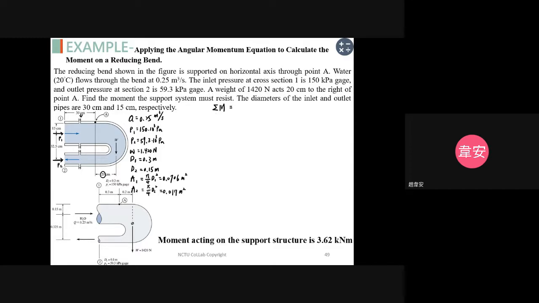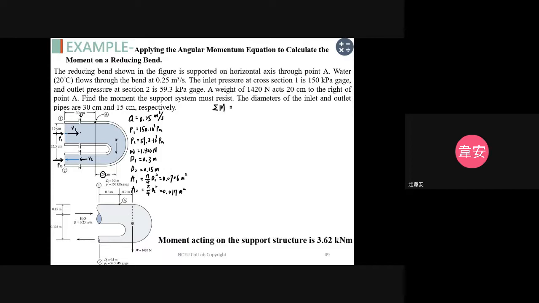But for this problem, we assume this is always a steady flow, so the angular momentum inside the control volume doesn't change with time. So we only have the angular momentum contributed from the inlet and the outlet. We have the outlet flow velocity V2, and this is the inlet velocity V1.